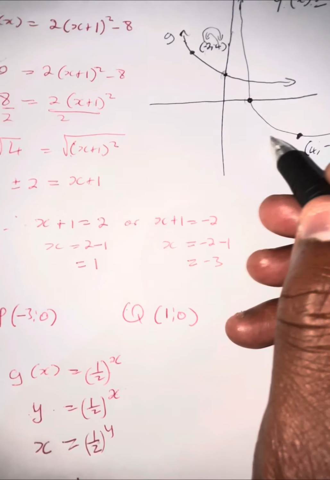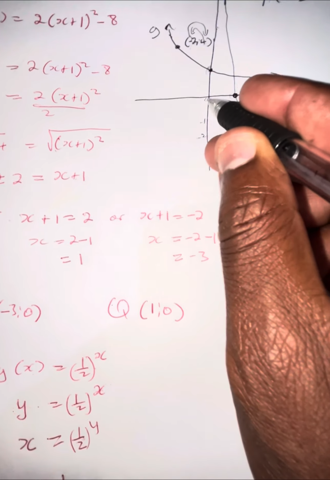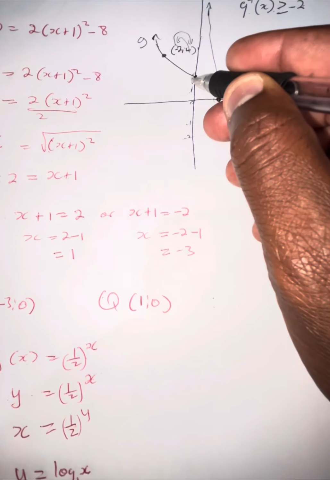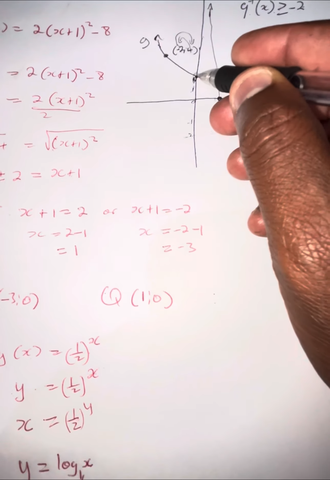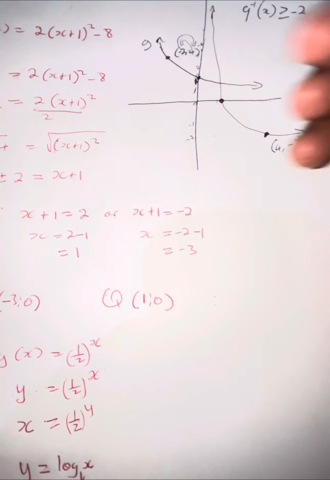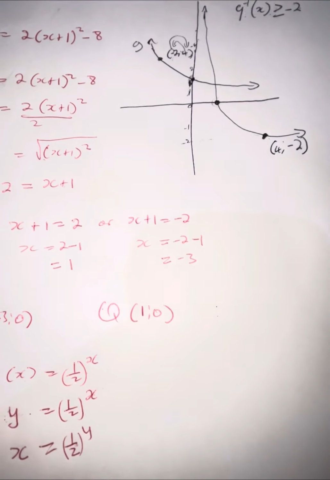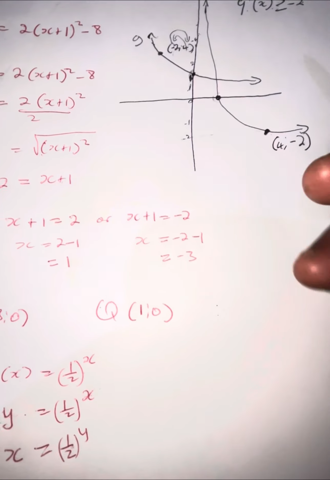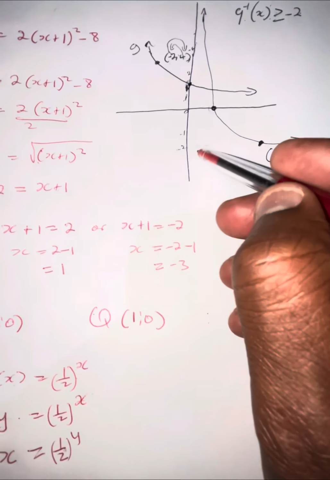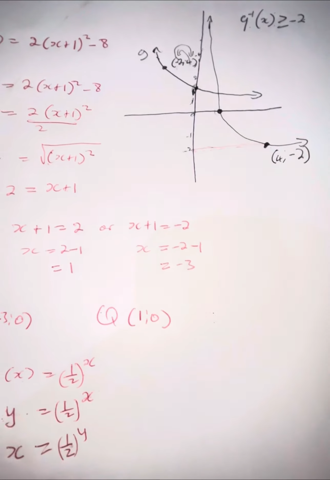Okay, this is your -2 here. -2, -1, 0, 1, 2. Okay, sorry. 0, 1, because I said yeah, it's 1. 1, 2, 3, 4, 5, just like that, okay? So now, let's check where y, which is the inverse here, will be greater or equal to -2. Let's check from -2, okay, from this point.